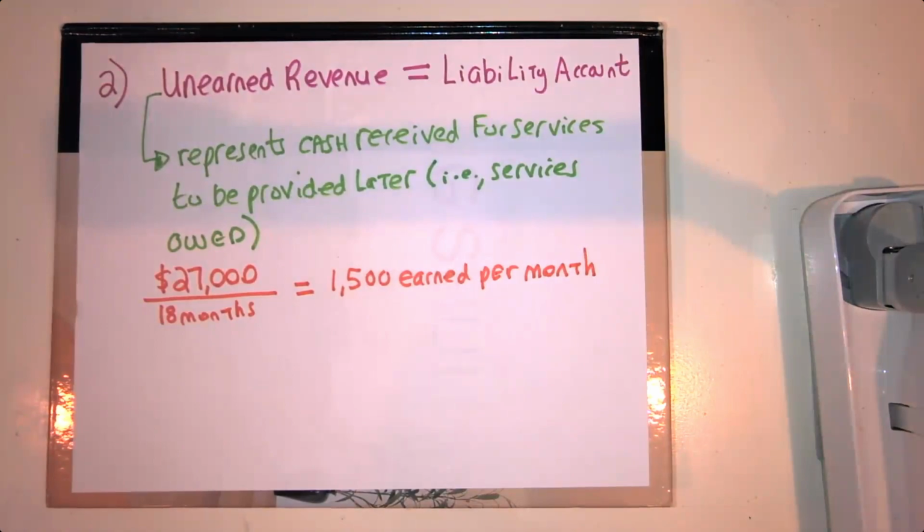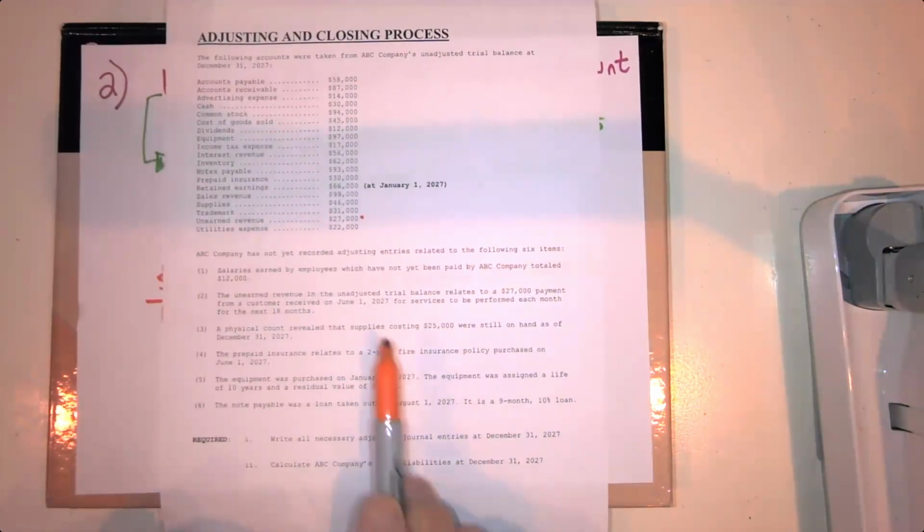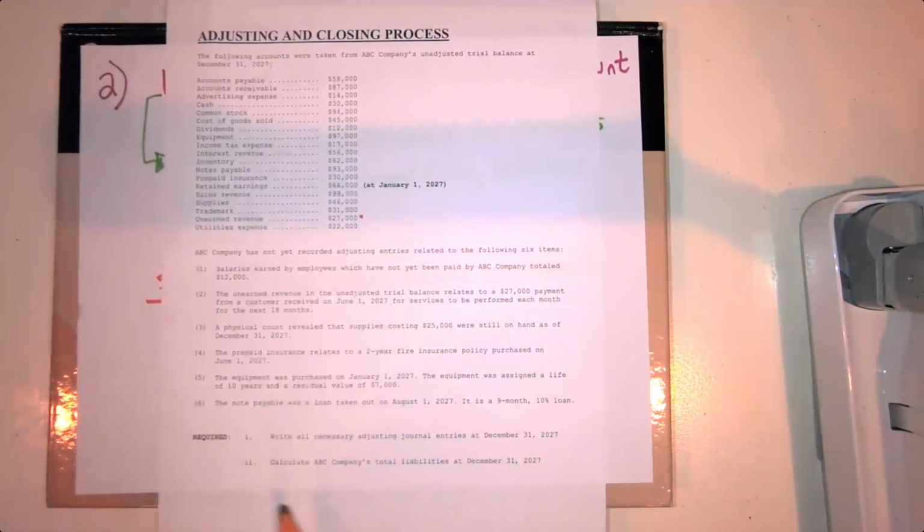And to figure out how many months in 2027 we actually performed, do not eyeball things. A very common mistake is folks eyeball June 1st and say, oh, that's half the year, 6 months. No, it's not. Count the months. Takes 2 seconds. Count them up on your fingers. June, July, August, September, October, November, December.